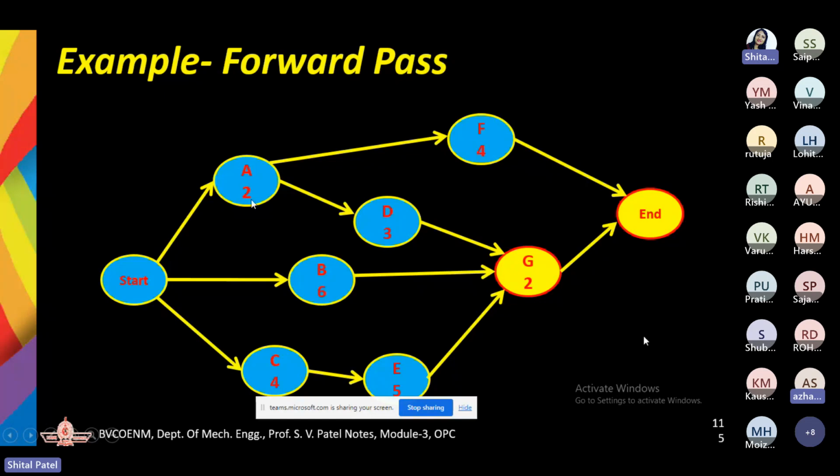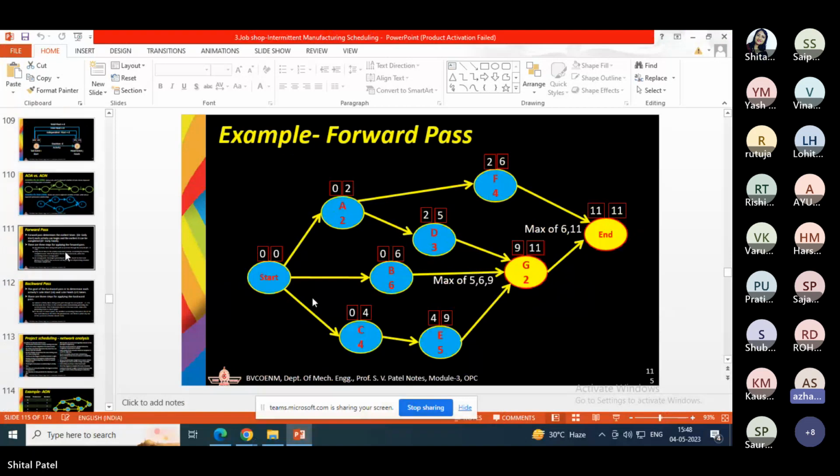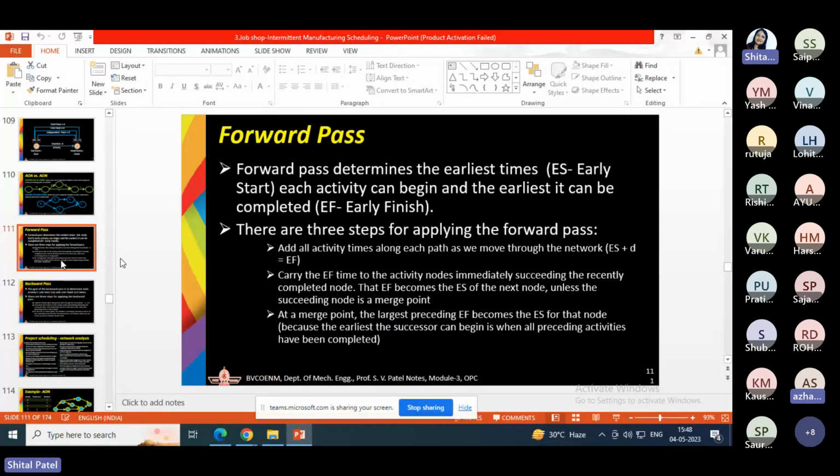So now, that was the network diagram construction, and there are some rules for the forward pass. In the forward pass, we go from left to right, preparing the network diagram, and we consider the early start and early finish.